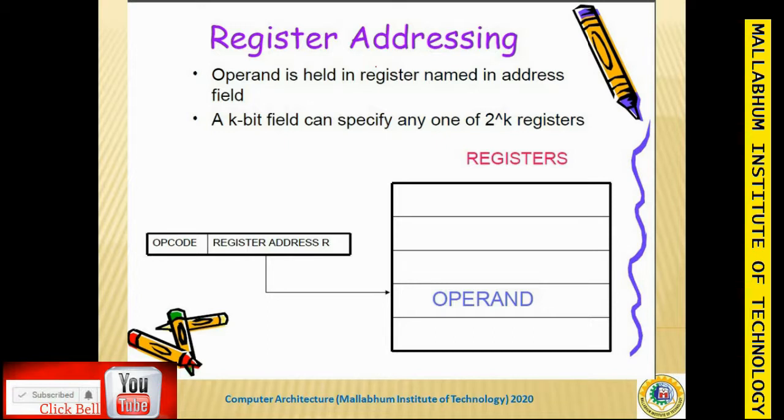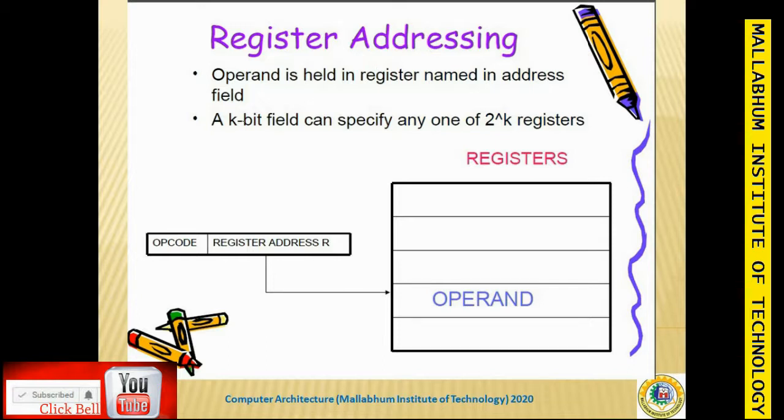You can see in the figure also that a particular register is selected from a register field of the instruction. Out of 2 to the power k registers in the CPU, one register is selected using a k bit field. This mode is useful for long programs, storing the intermediate result in a register rather than in memory. This results in fast execution since register access is much faster than memory access.